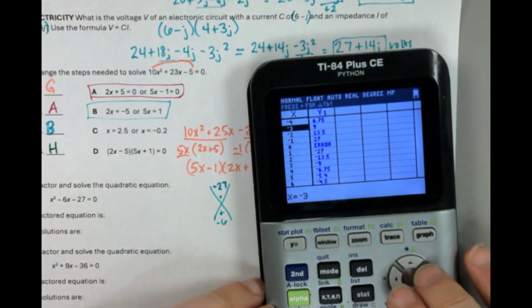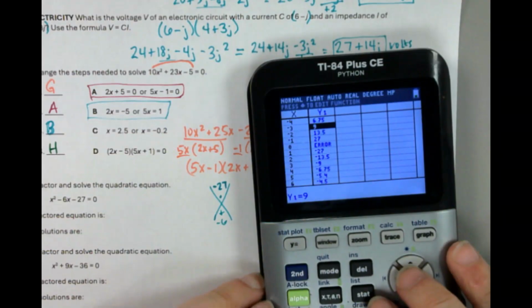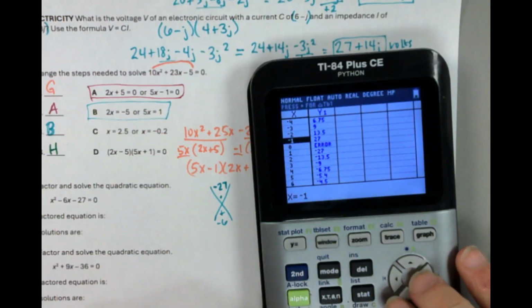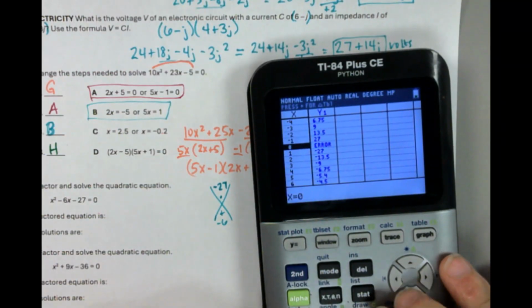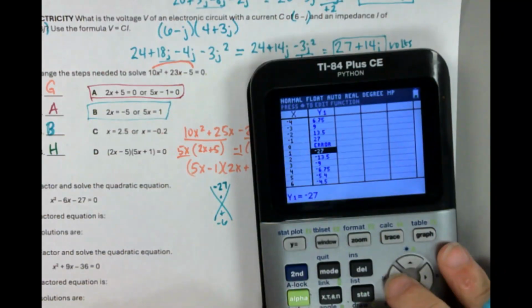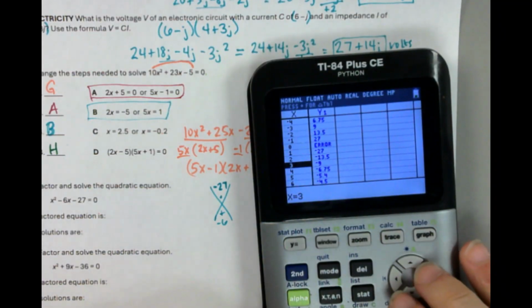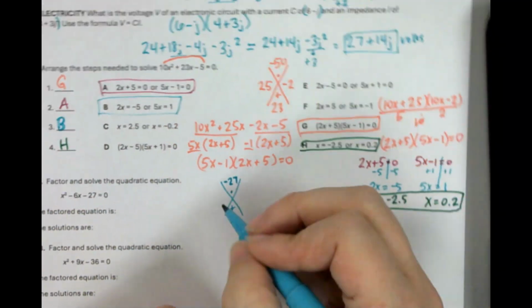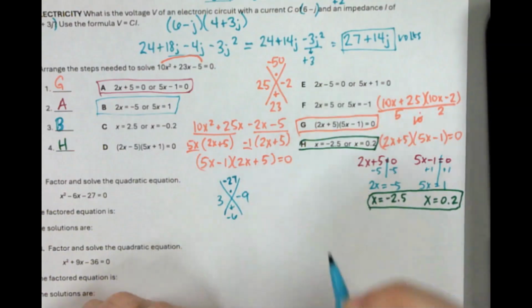So negative 3 plus 9 is 6. Okay, I need negative 6. Negative 1 plus 27 is 26. 1 plus negative 27 is negative 26. 3 plus negative 9 is negative 6. So I have 3 and negative 9.